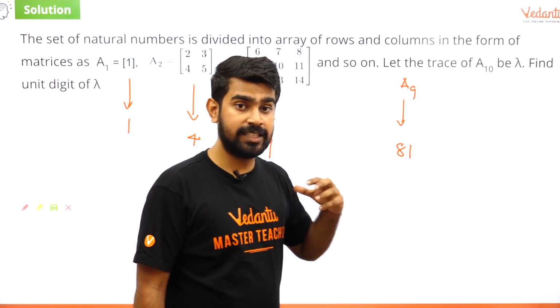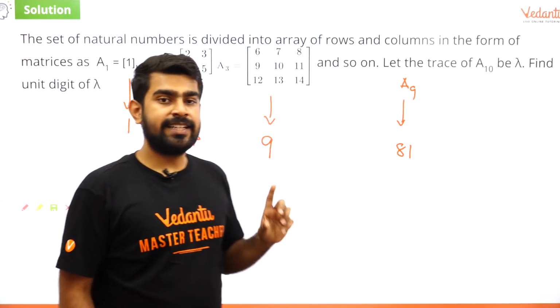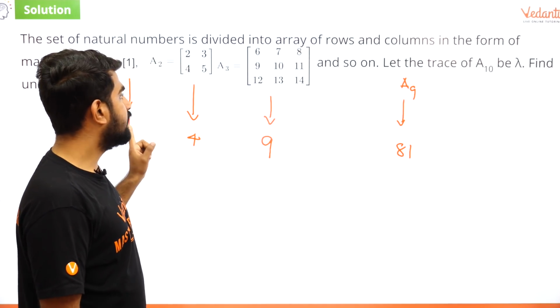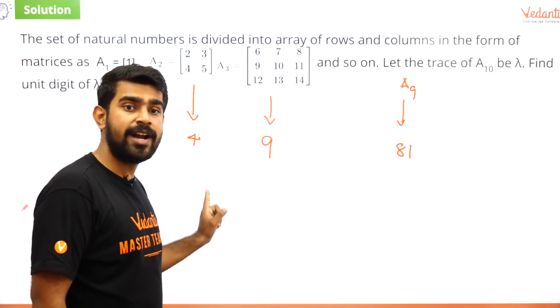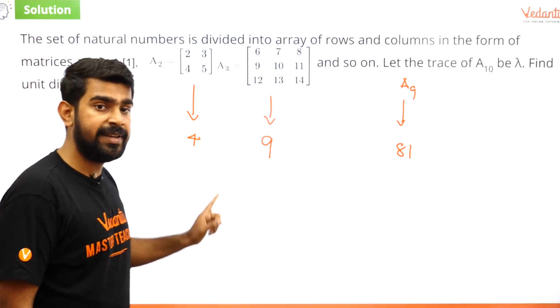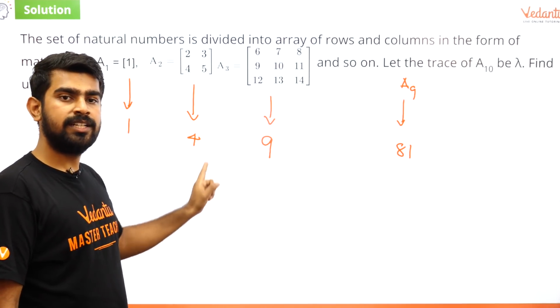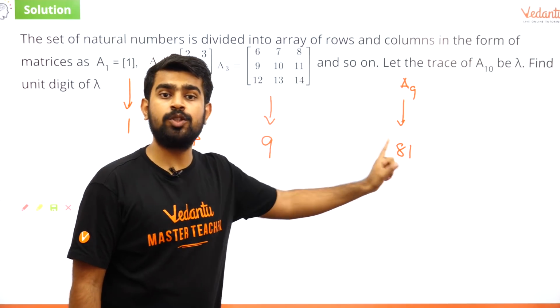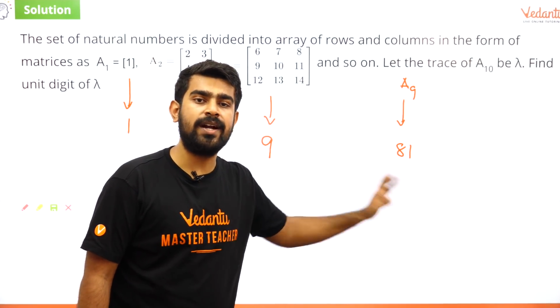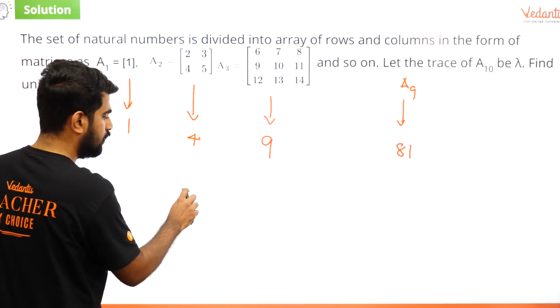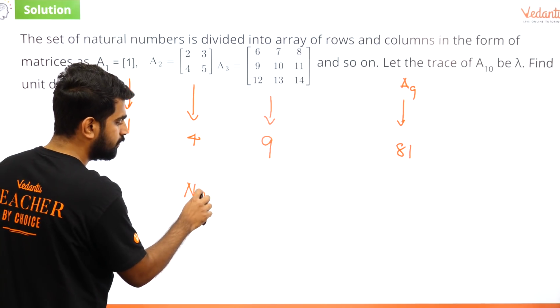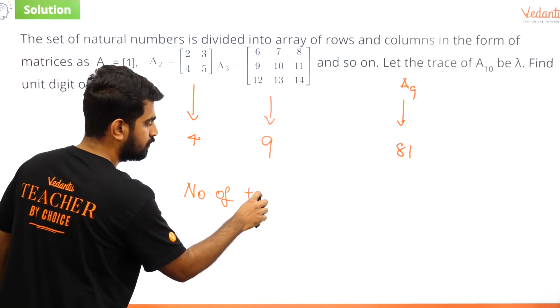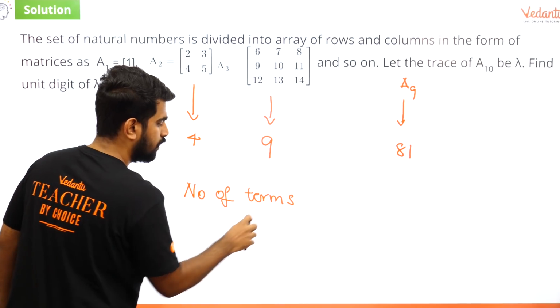I'm sorry, it is not all the numbers. I can calculate the number of terms from A1 to A9 by summing up 1, 4, 9, 16 and so on all the way up to 81. So the number of terms up to A9.